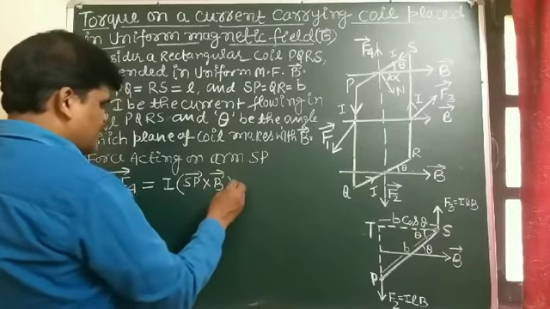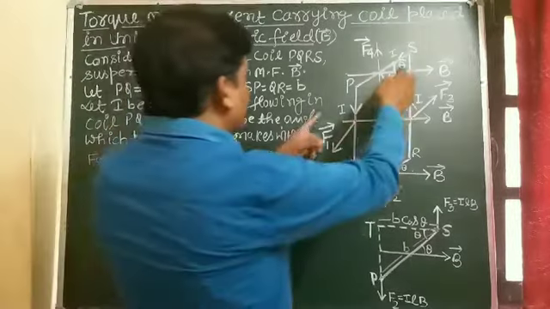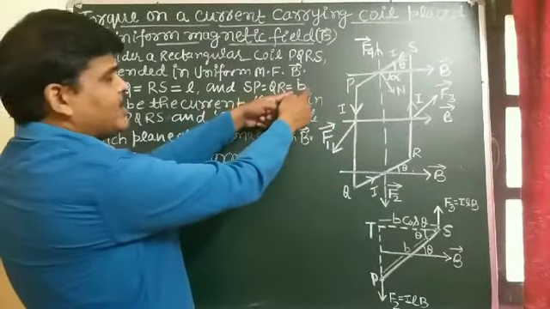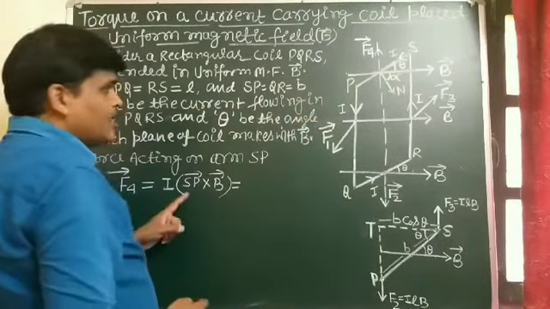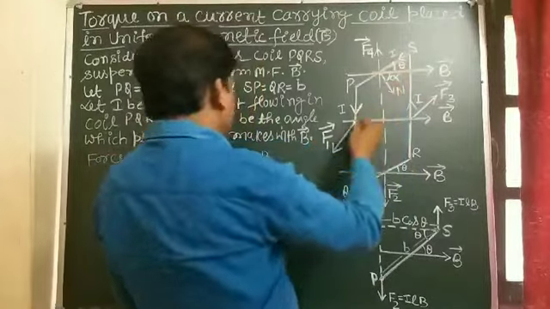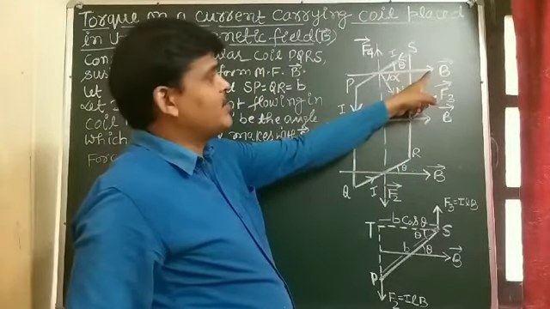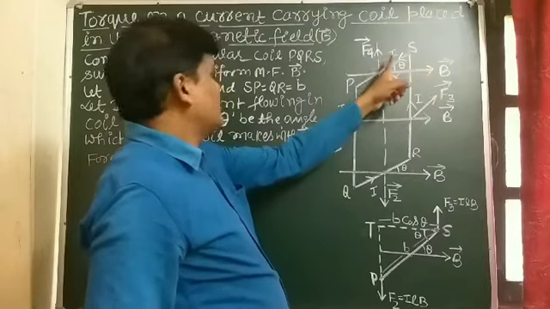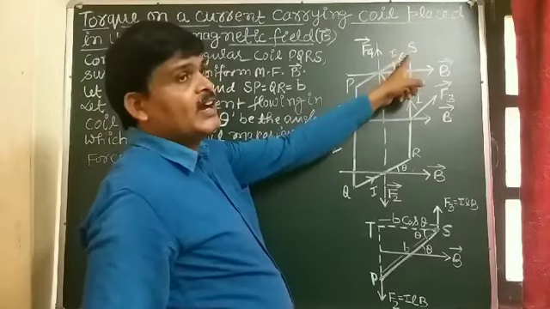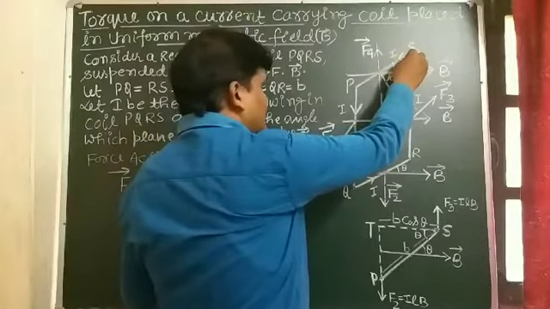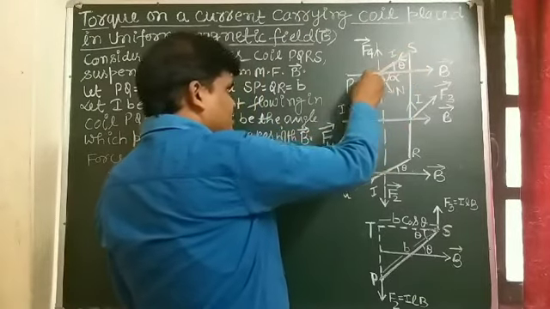And student, SP is taken to be b, breadth. But the plane of the coil makes an angle theta with the direction of the magnetic field. But we are considering the force experienced by arm SP. So the direction of the current element is in this direction.